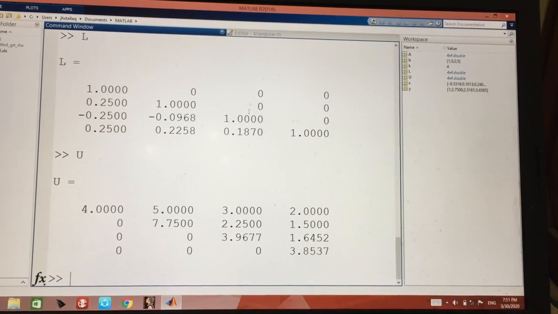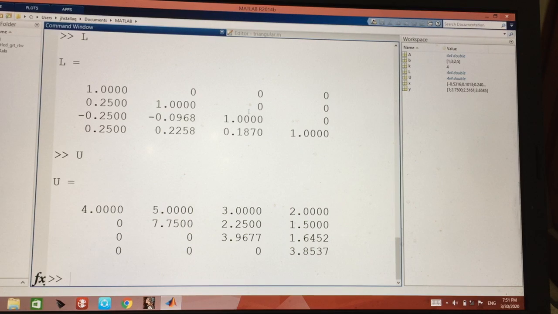So you get 4, that's the first row, it doesn't change, okay? 4, you get 0, 0, and 0, and then you get 5, but here 7.5, 0.75, okay? And 0 and 0 here, and you get a 3.